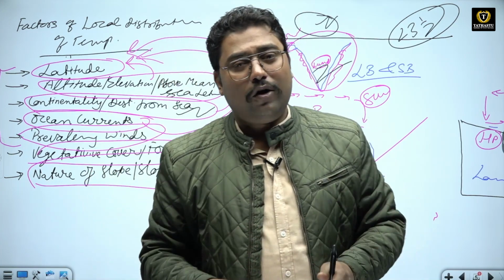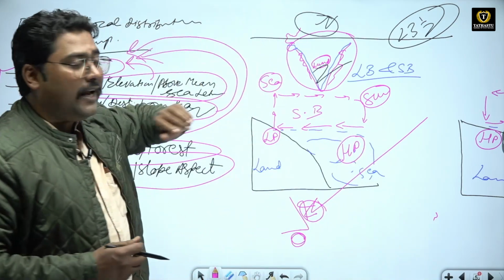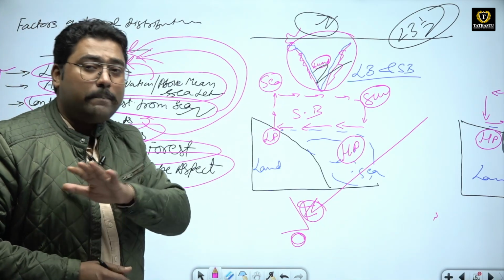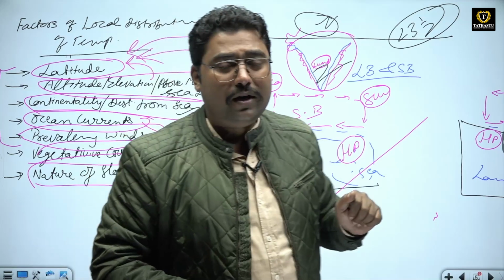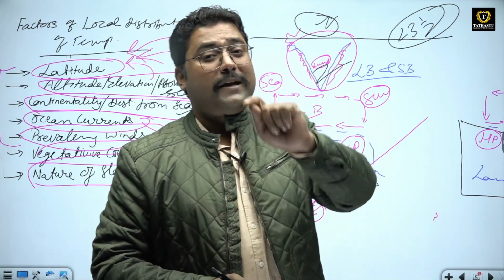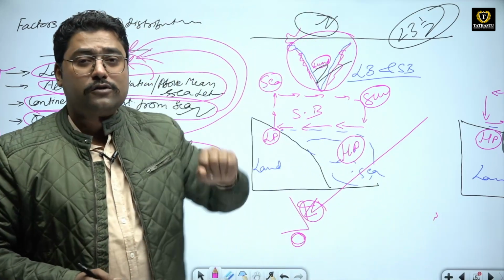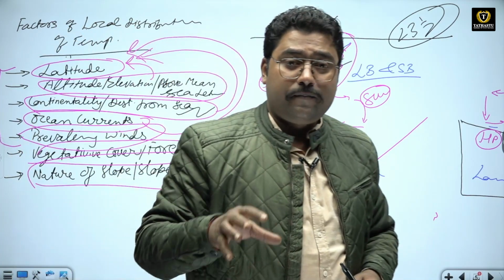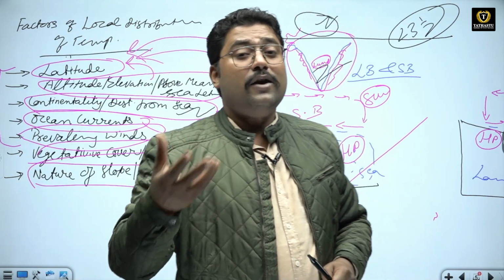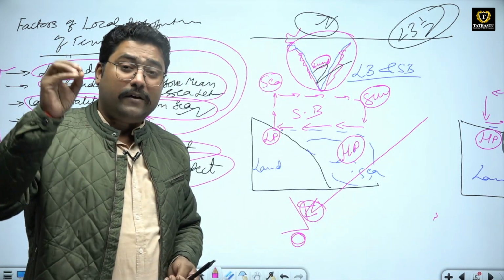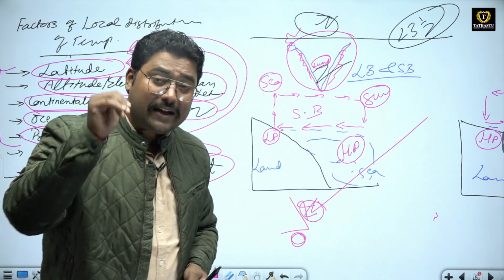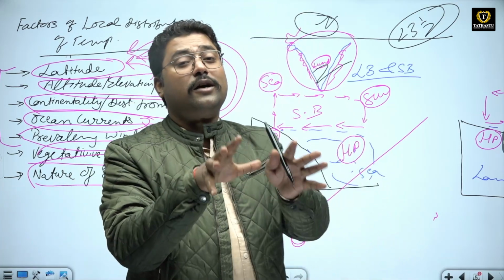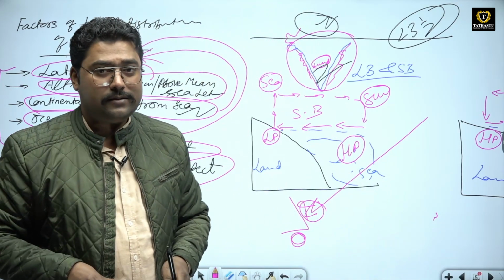So as you saw, the temperature of any place is not completely governed by latitude alone, but the presence of other aspects also, like the elevation from mean sea level, the distance from the sea, ocean currents, prevailing winds, vegetative cover, or the nature of slope, are also governing the temperature of those places.